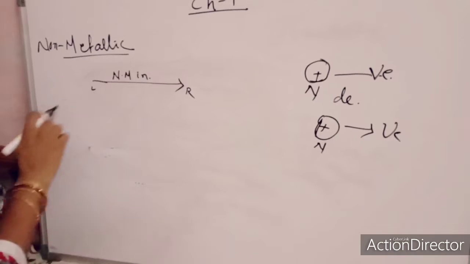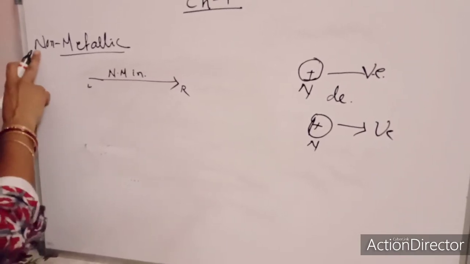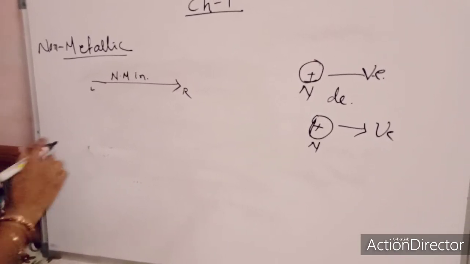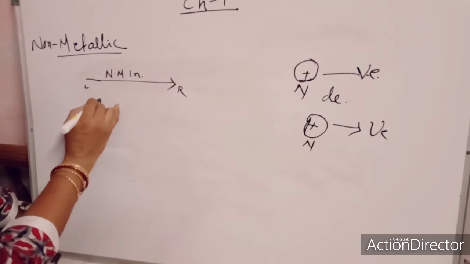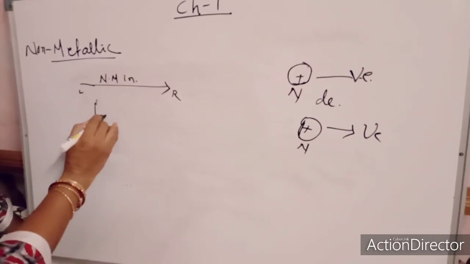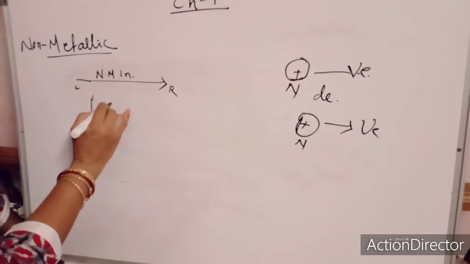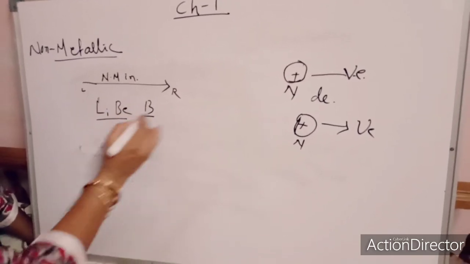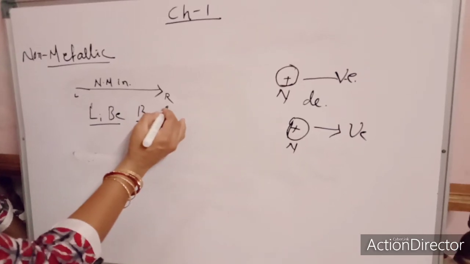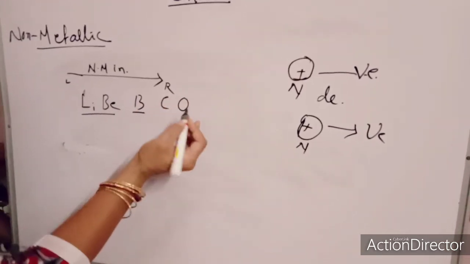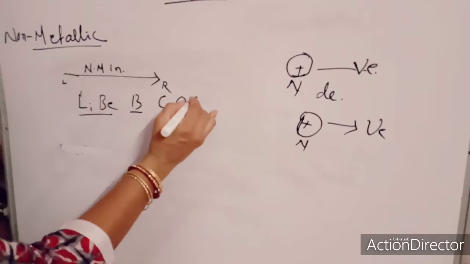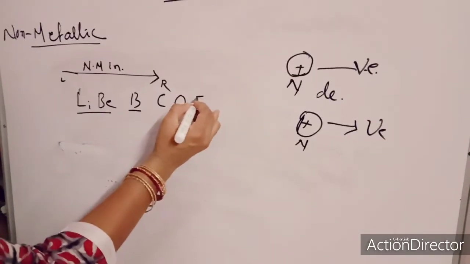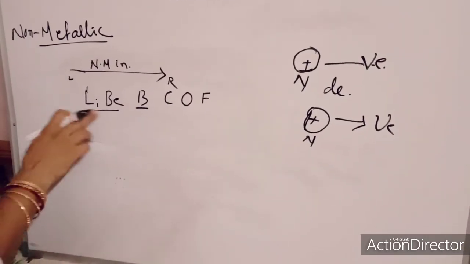Suppose you are considering the same period, the second period: on the left side lithium is a metal, beryllium is a metal, then boron is a metalloid, then carbon, nitrogen, oxygen and fluorine.